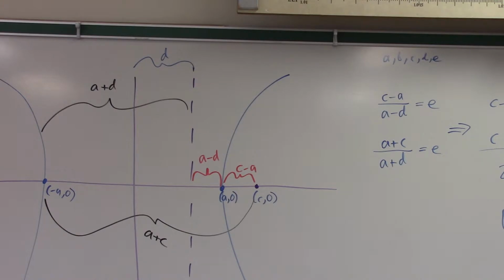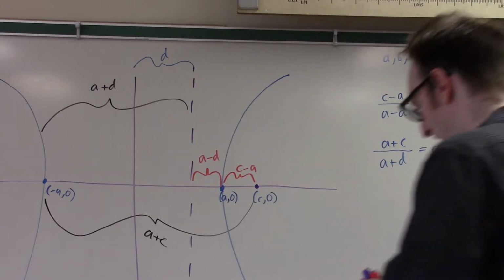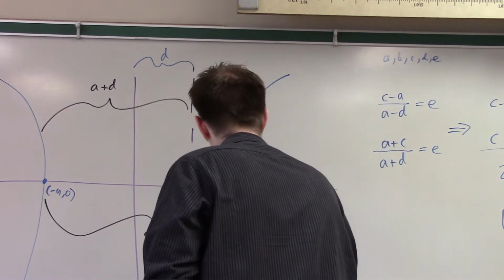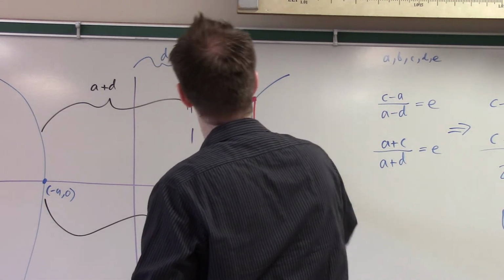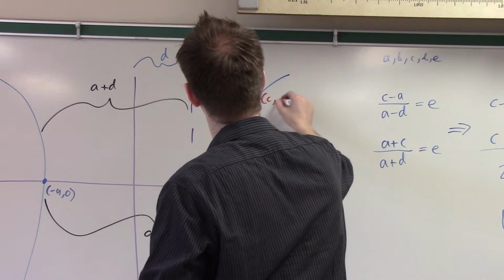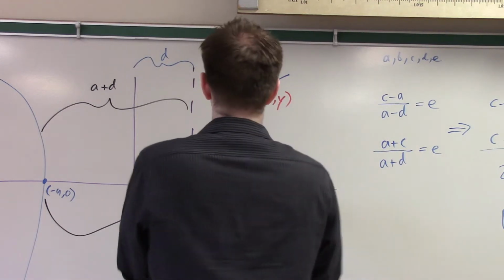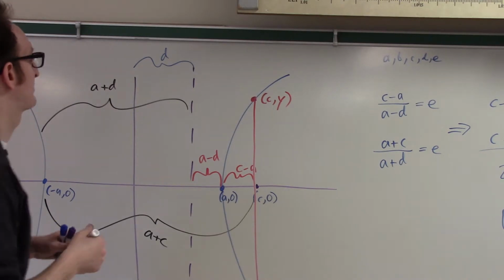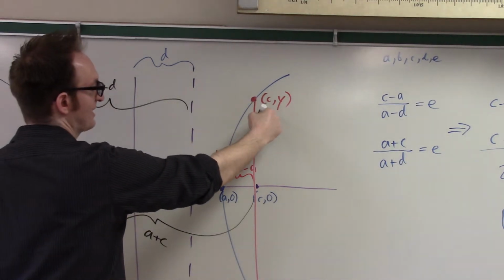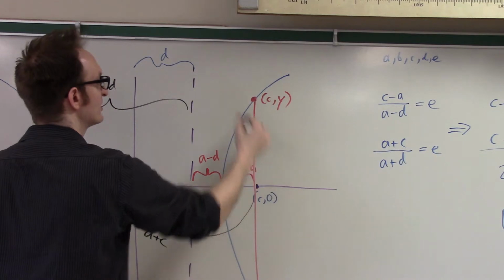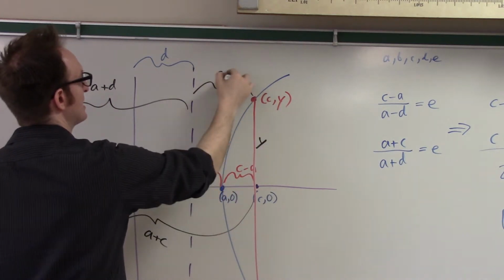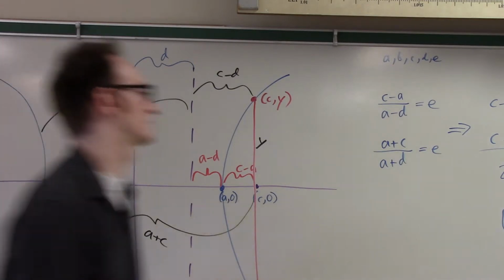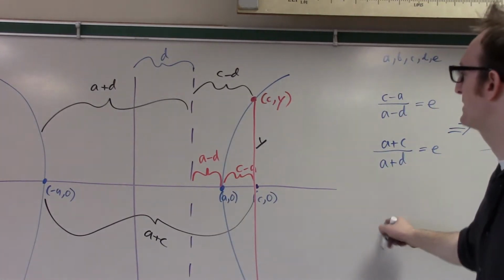Latus rectum. The latus rectum. So if you want to derive the formula for the latus rectum of a hyperbola, then you know that this point is C comma Y, and you try to figure out what Y is. Well, this point must also satisfy the definition. So it's Y away from the focus, and it's C minus D away from the directrix. And so you just do the same thing that we did yesterday, right?